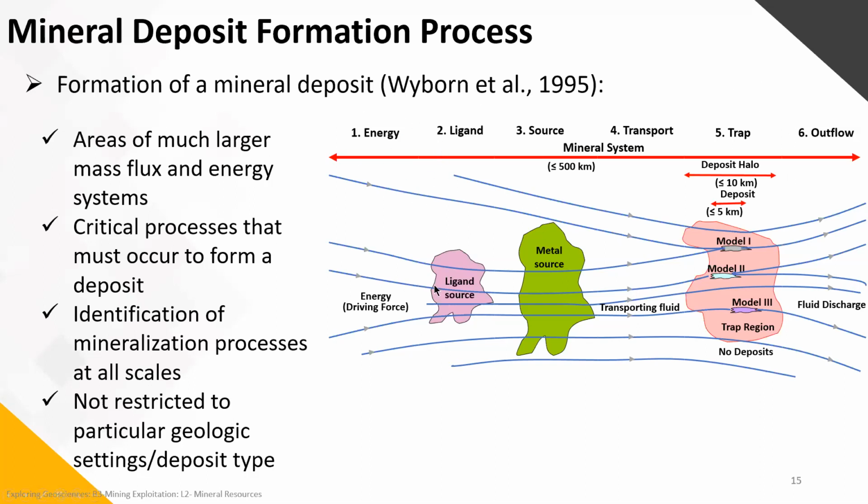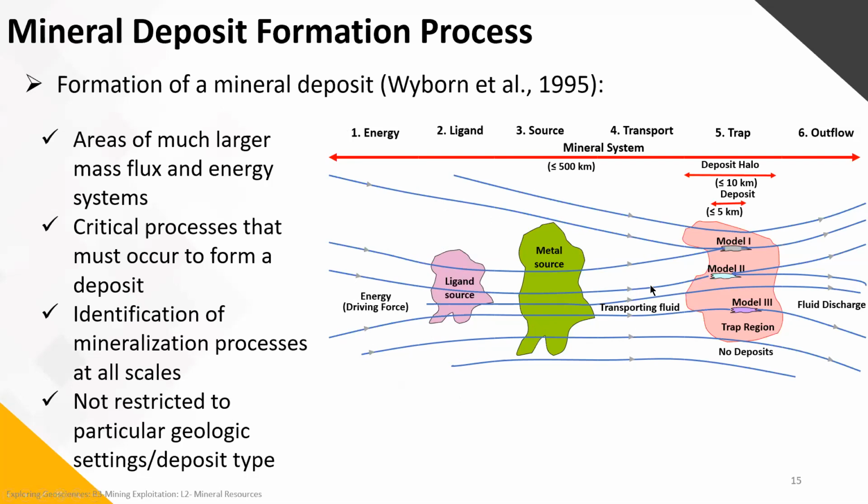It needs to have energy within the area, energy either from a deeper magmatic or intrusion source. We need to have the ligand source, so the chemically favorable elements, the metal source, and the transporting fluid system.